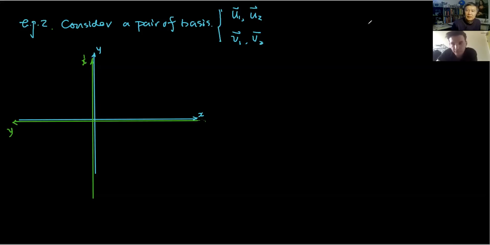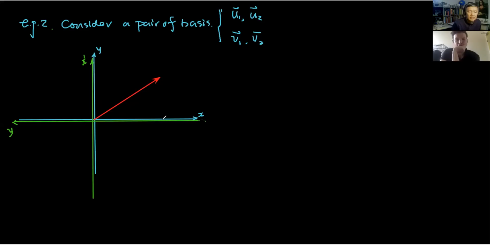Now we consider a vector somewhere like this one. Let's say it's 3, 2. So this vector is roughly 3, 2.